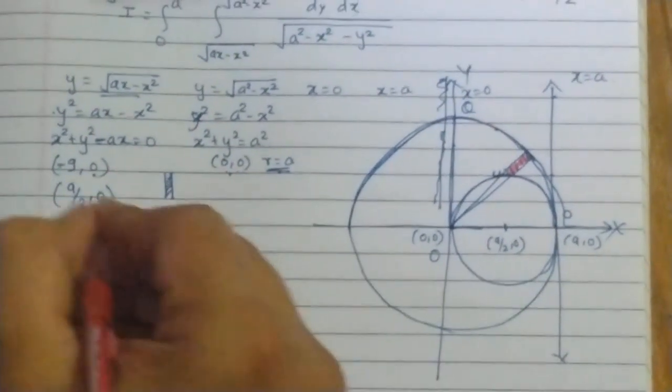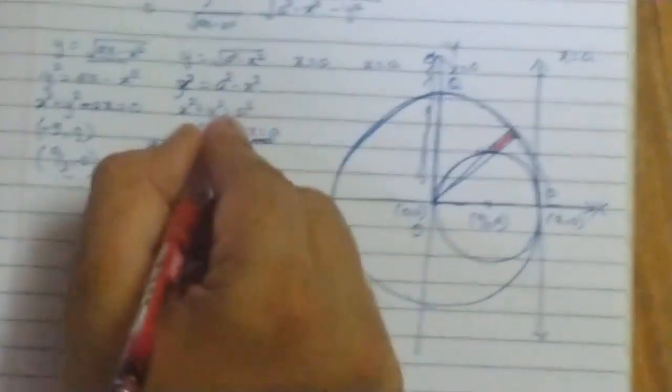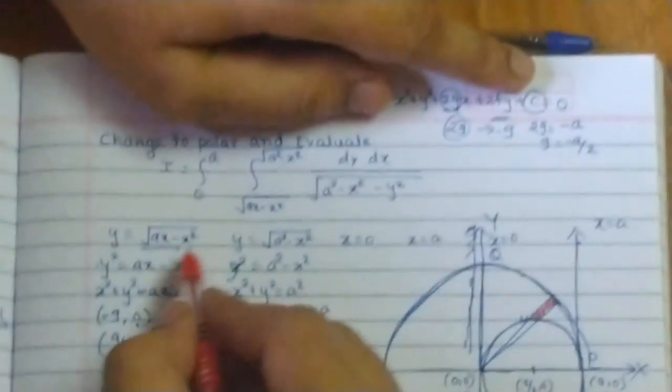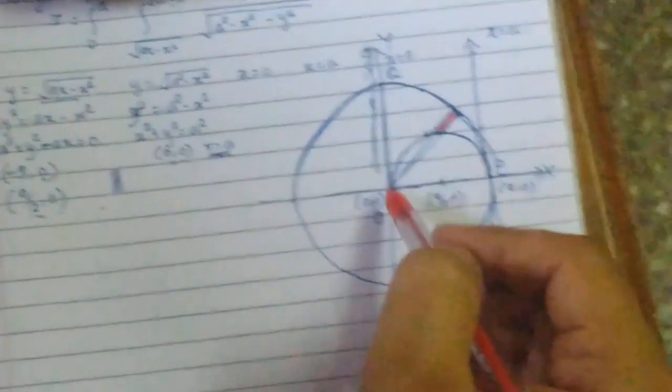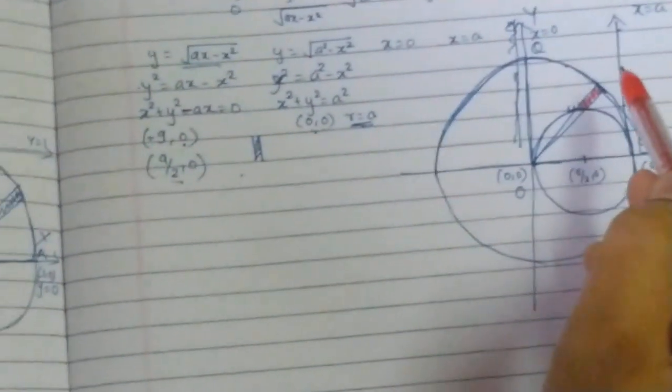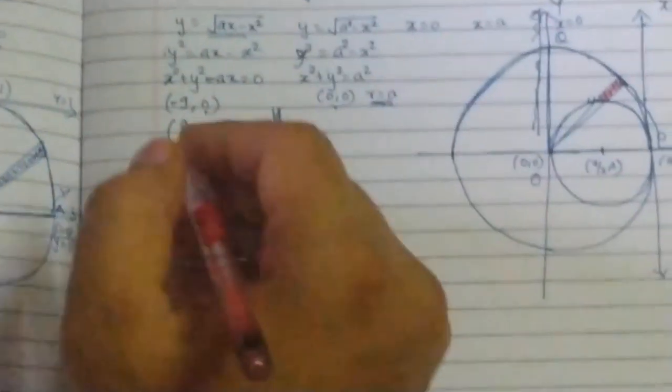Now what happens? We need to convert these equations into polar coordinates, because at the lower end of the strip and the upper end of the strip these curves lie. As I told you in the previous lecture, observe the strip; the curves at the lower and the upper end of the strip need to be converted into polar forms.